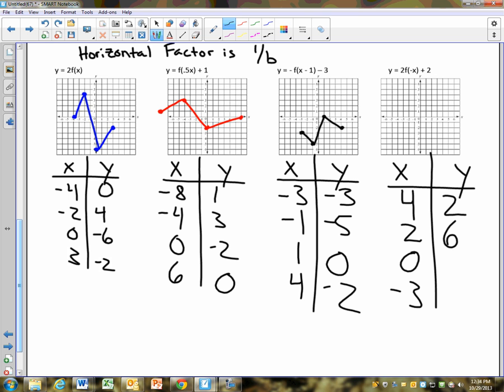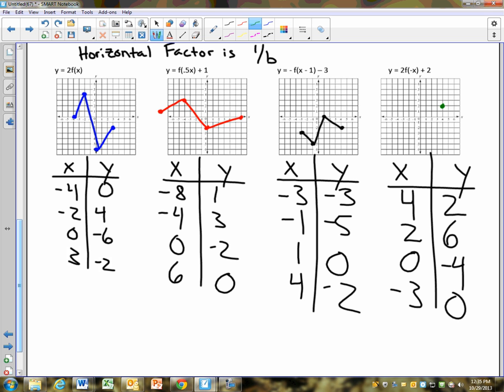The y value for 0 is -3. -3 times 2 is -6, plus 2 is -4. And then the last one, the y value is -1. Times 2 is -2, plus 2 is 0. We sketch the graph. Over 4 up 2.